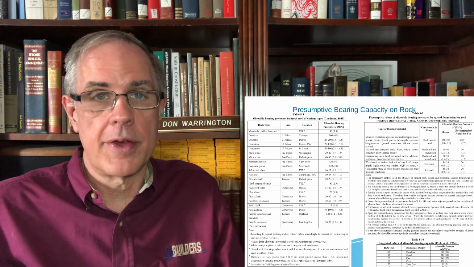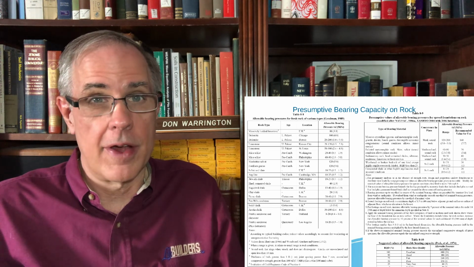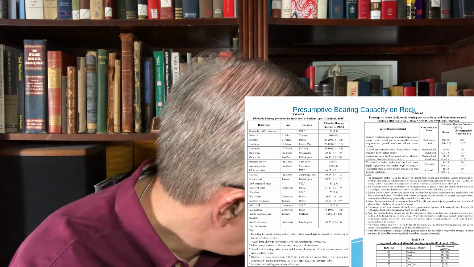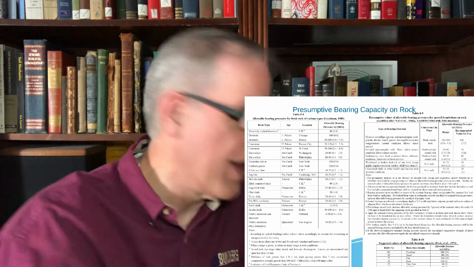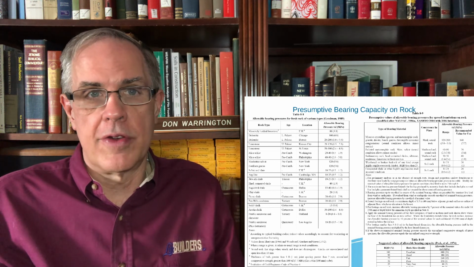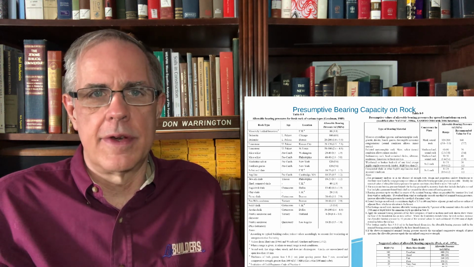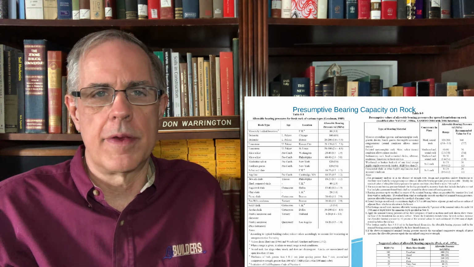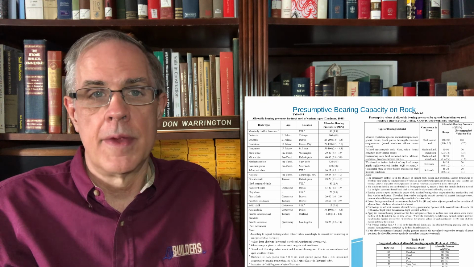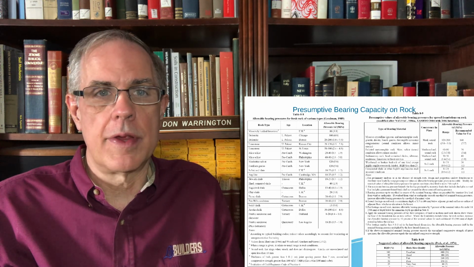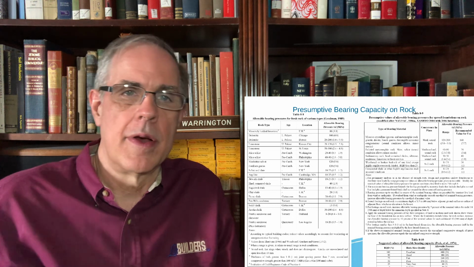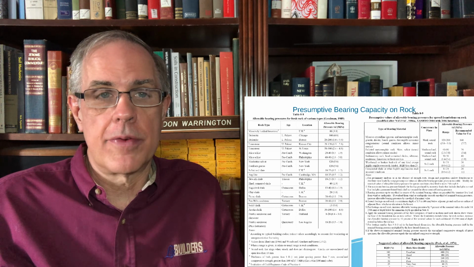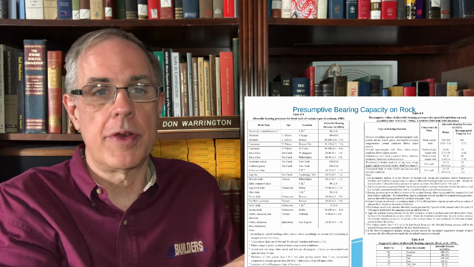If it's solid rock, you'll get one result. If it's not solid rock, you'll get another result. It's interesting that you can get an allowable pressure based strictly upon the RQD, which is a fairly common test that you run when you've got rock in a soil-rock profile. So that's probably the one that I will emphasize more than any other here. If other data is available, obviously you'll want to use it, but for general use, this is pretty useful.